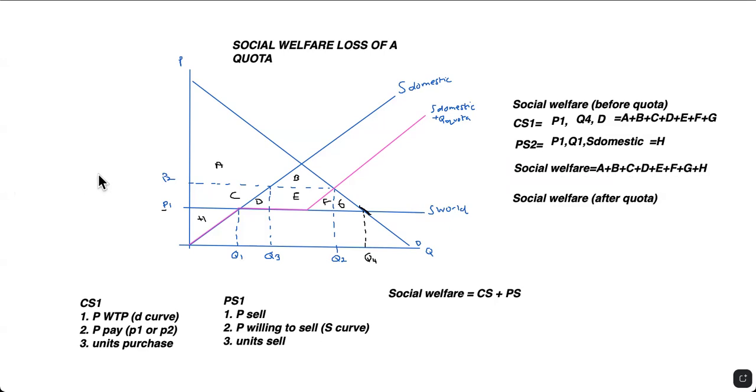Let's look at the example after the quota. Long story short, the quota ends up raising prices. Okay, let's take it in stages. So the consumer surplus 2 is going to be the difference between the price that they are now buying at, which is P2. How much do the consumers buy?